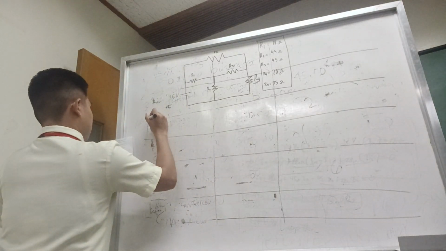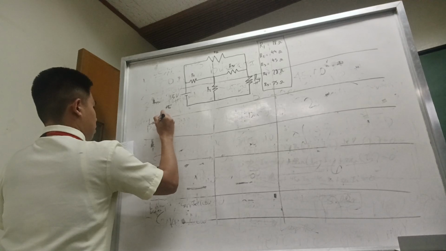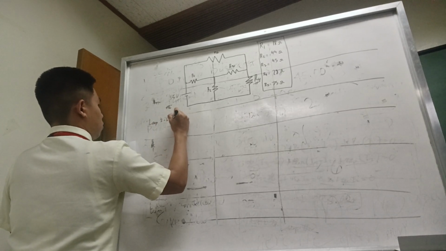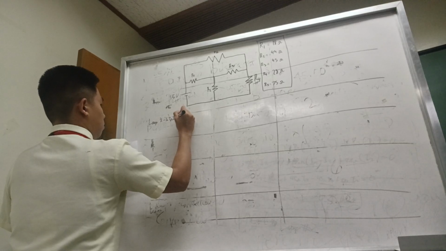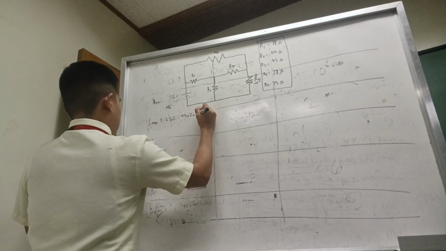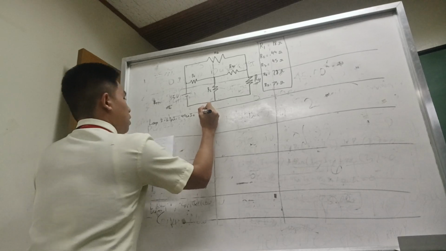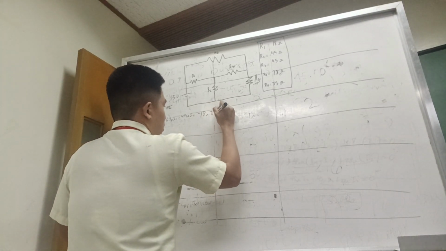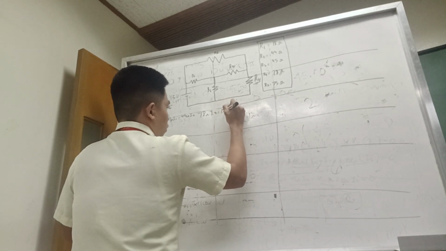Now the process is for loop 1, the answer was 67 ohms I1 minus 49 ohms I2 minus 18 ohms I3 is equals to 15 volts.